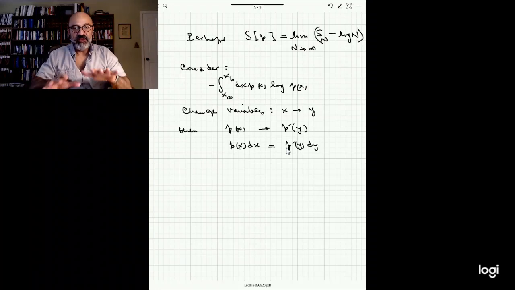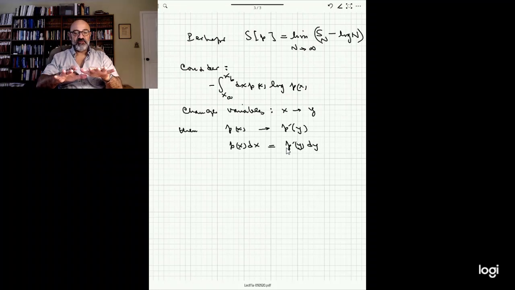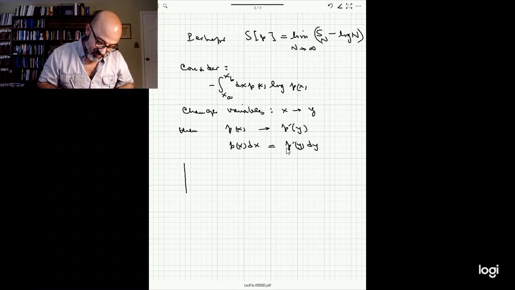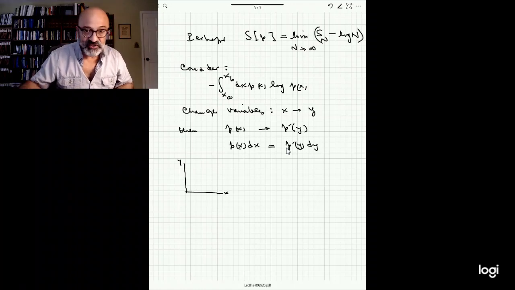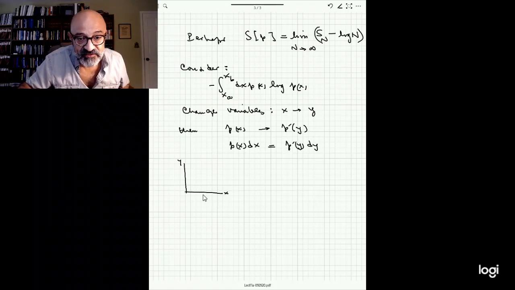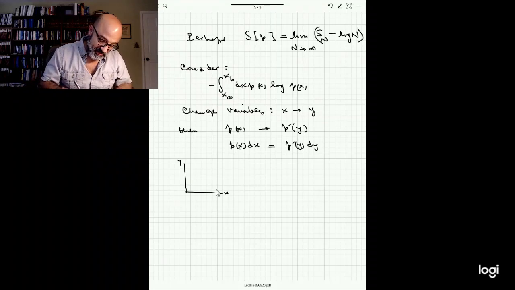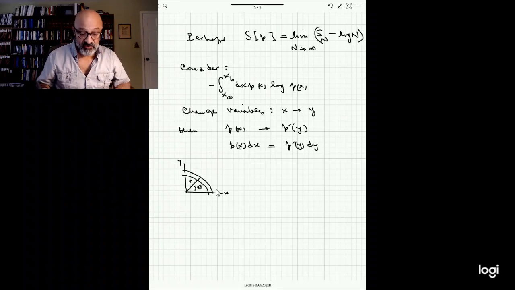All right? The idea I have in mind here is the following. Imagine that you have a flat plane described in Cartesian coordinates. This y is not that y, right? This is just Cartesian coordinates. Or we can also describe it in terms of polar coordinates.